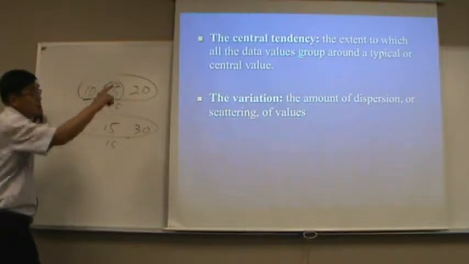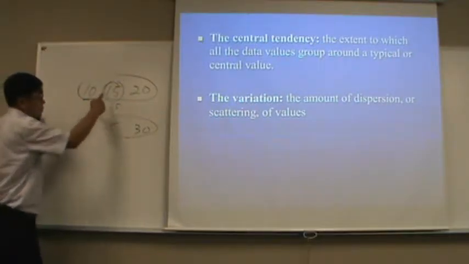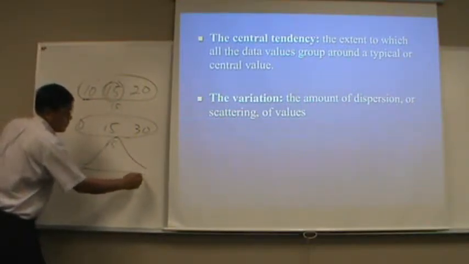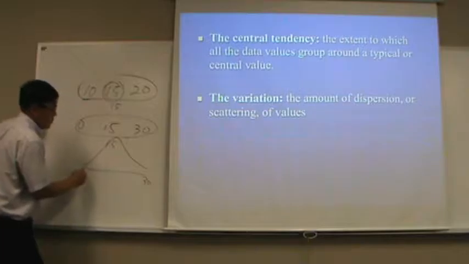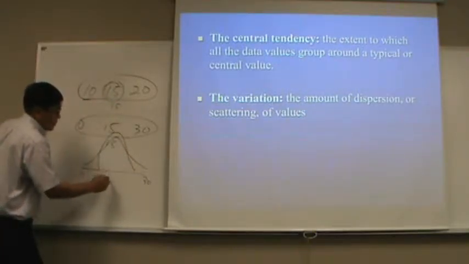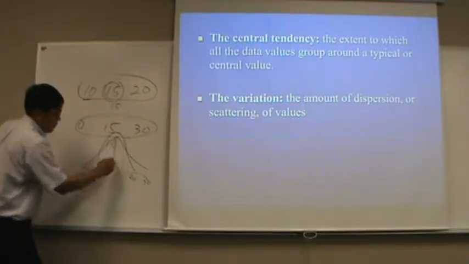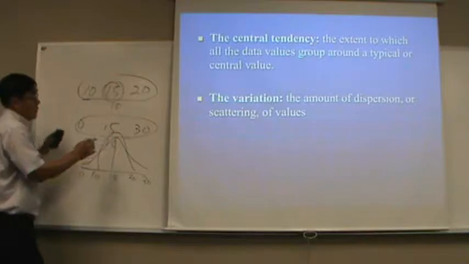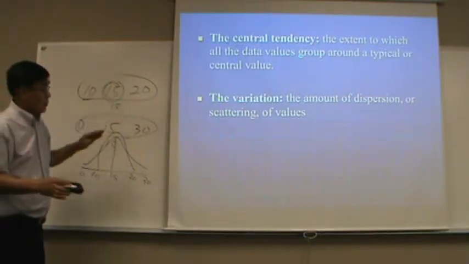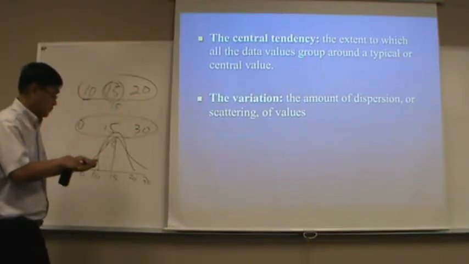The same central tendency, but if I draw the two data sets on a graph, 0, 15, 30 here and 10, 15, 20 here, we have the same averages, the same central tendency, but the dispersion is wider or narrower, different.